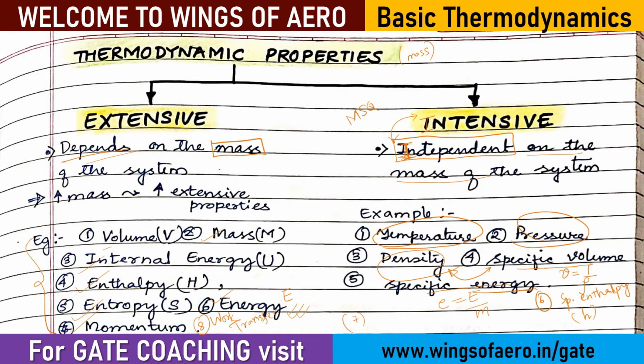So it depends on the author. Okay, seventh one can be specific internal energy. So if there is any word called specific, just close your eyes and you can say it is an intensive property, which is not going to be a dependent factor.